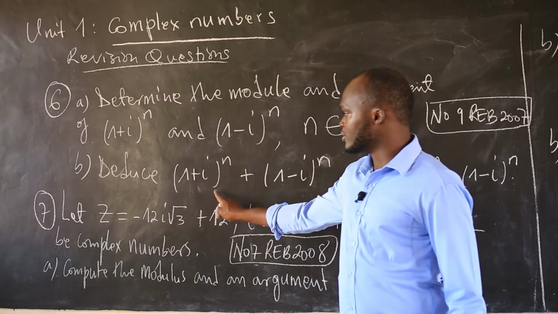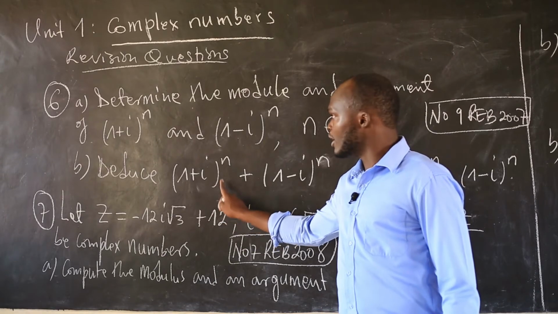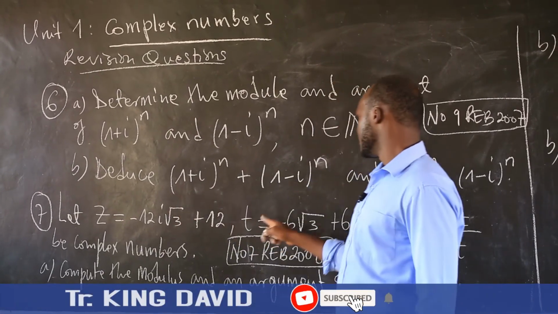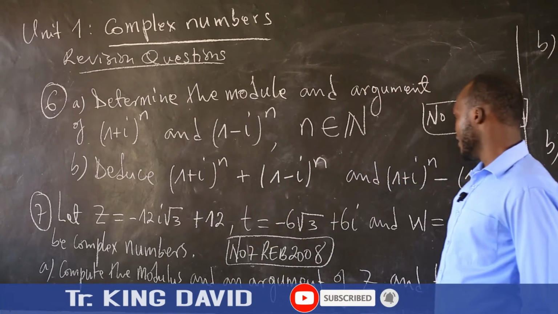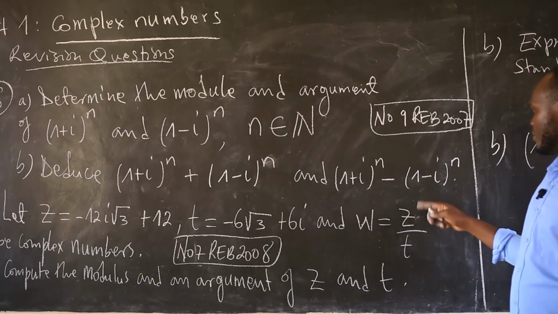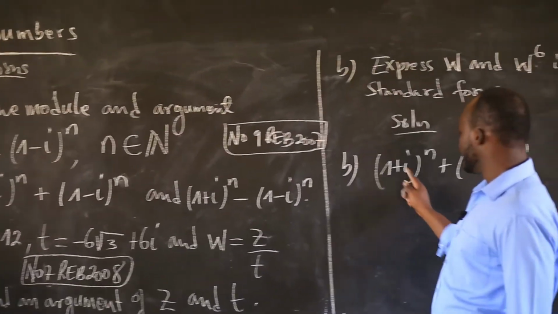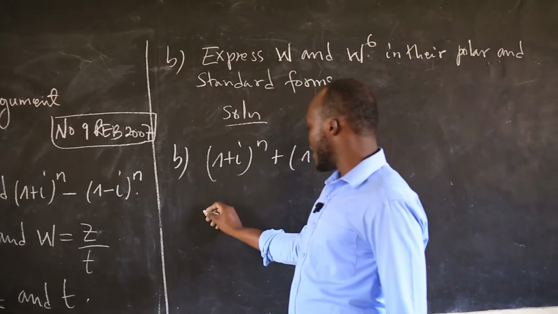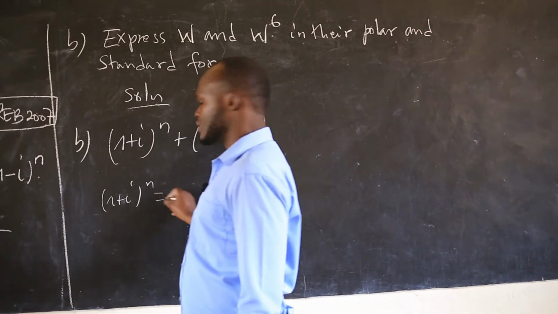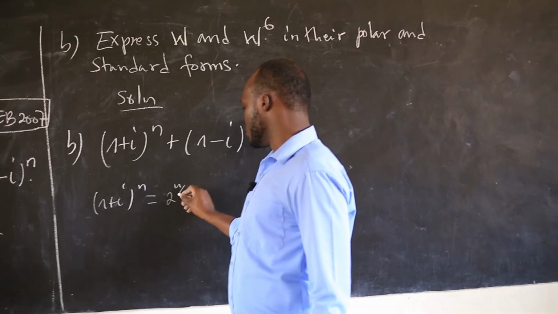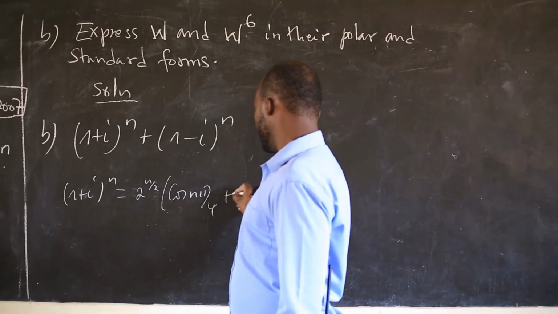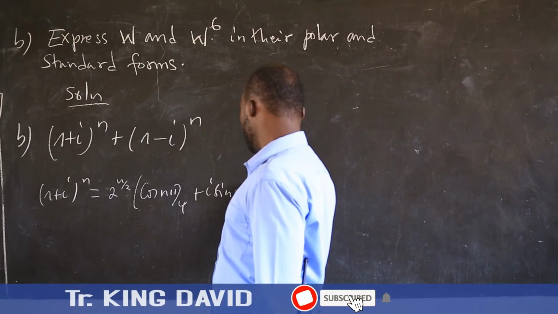So now we're going to do number 6b. We're going to use (1 plus i) power n plus (1 minus i) power n. Then after, we'll do (1 plus i) power n minus (1 minus i) power n. Remember, we got that (1 plus i) power n is 2 power n over 2 into bracket cos n pi over 4 plus i sine n pi over 4.